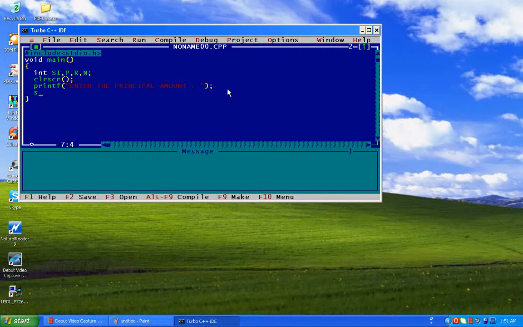We have to get three values: P, one will be N and one will be R. Instead of principal amount it will be number of years. Here R means rate of interest.